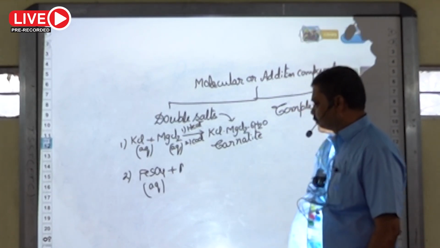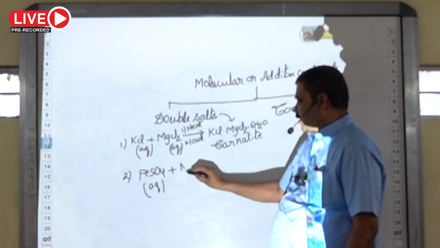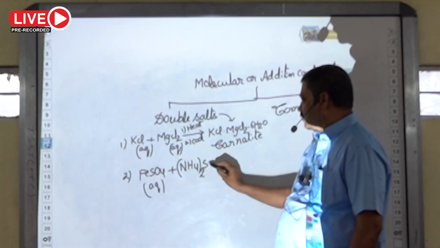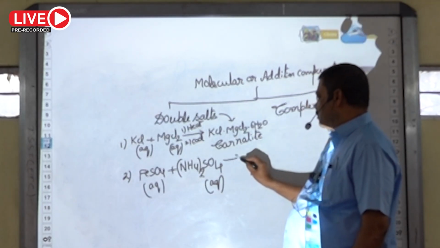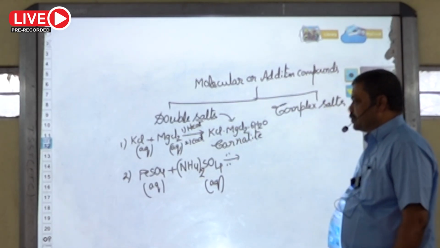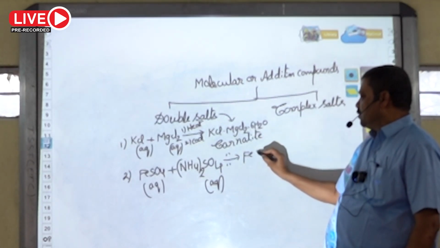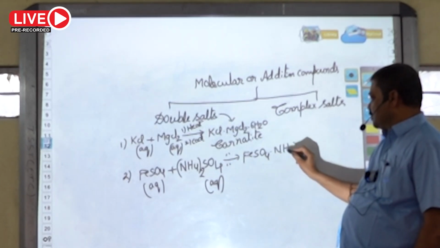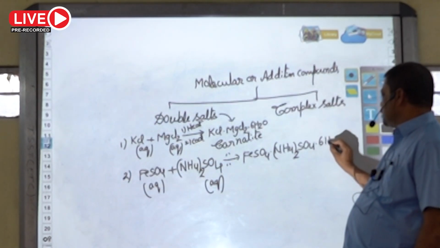Next, ammonium sulfate, again boiling and cooling, you will get ferrous ammonium sulfate, FeSO4.(NH4)2SO4.6H2O.